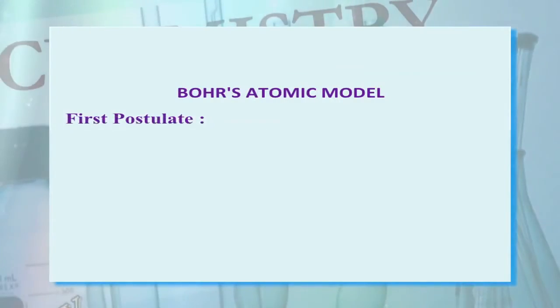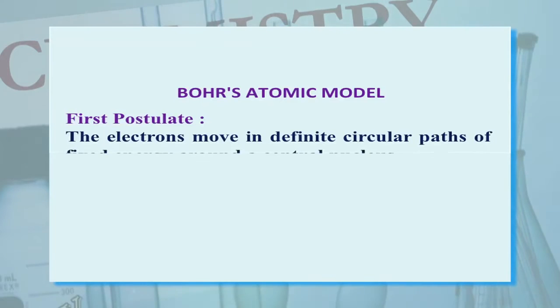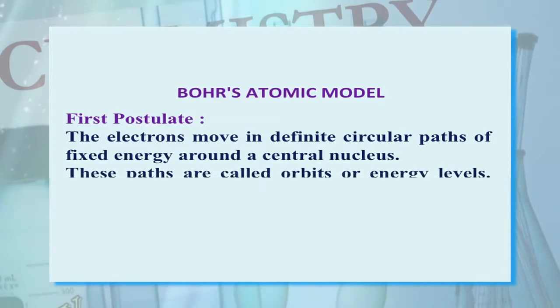Now, after the failure of the Rutherford atomic model, Bohr proposed his atomic model and its important postulates are like this. First postulate: the electron moves in a defined circular path of fixed energy around a central nucleus. These paths are called orbits or energy levels.